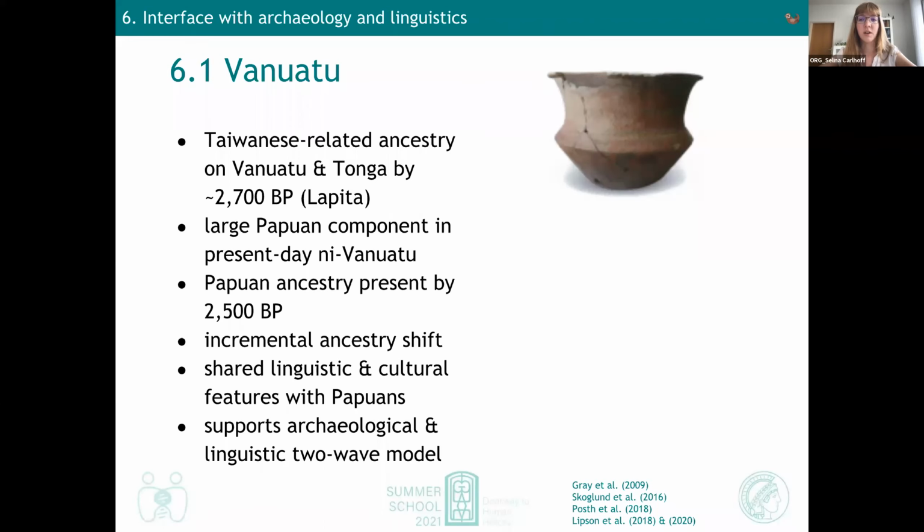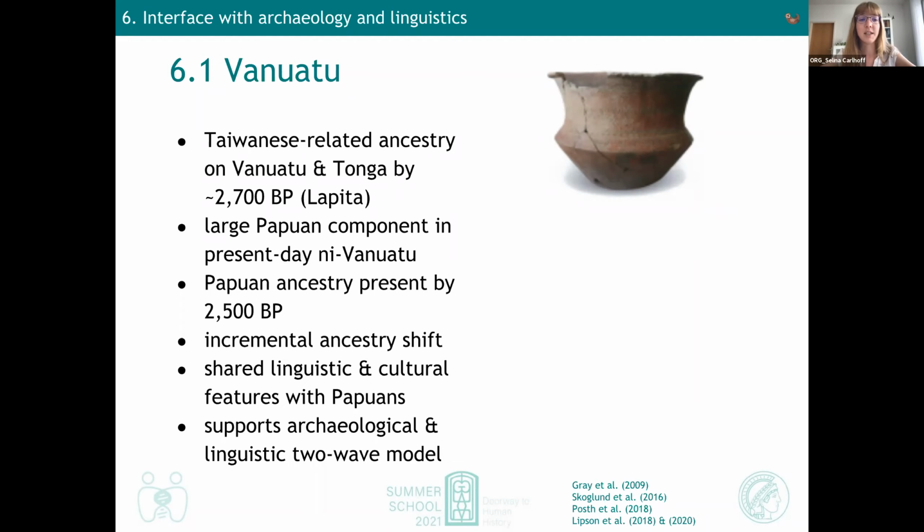Taiwanese related, which confirmed that the Austronesian languages were not just transmitted through cultural transmission, but also that actual people moved from somewhere near Taiwan into near Oceania.